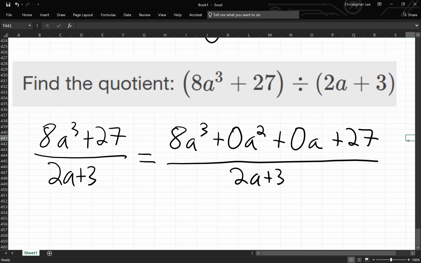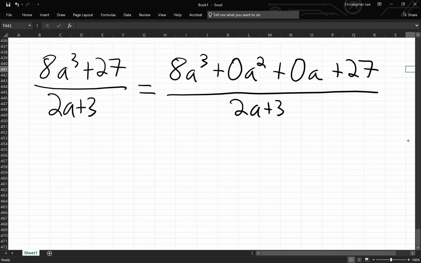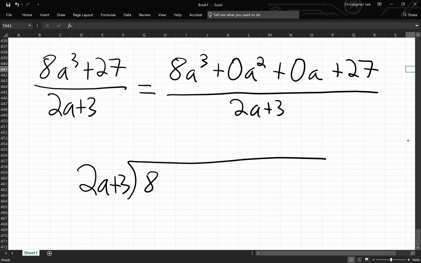Now I could do my long division straight and it'll work. All right, let's try it out. 2a plus 3 is the divisor, and the dividend is 8a cubed plus 0a squared plus 0a plus 27.